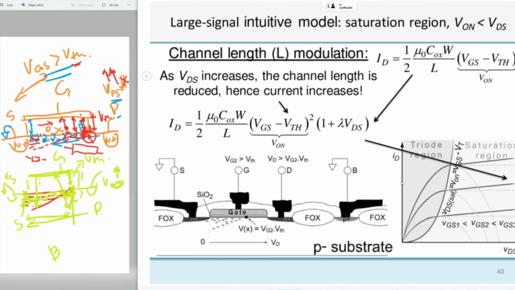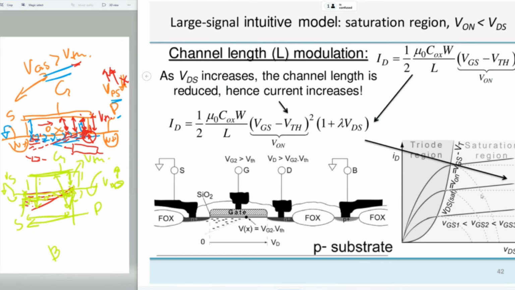And then the characteristic of the current will not be flat here, but it will increase like this. With increase of the drain source voltage, we will still have a certain increase of the current. And this gives rise to the definition of the output resistance of the transistor.